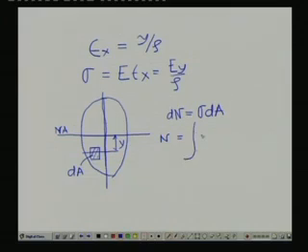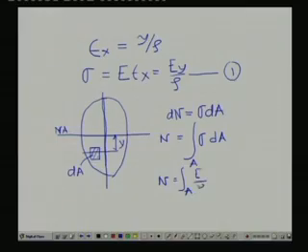That comes out to be the integral of sigma dA over the area A. Now, if we substitute the value of sigma from the earlier expression, expression 1, then N comes out to be equal to the integral over area of E by rho into y dA.